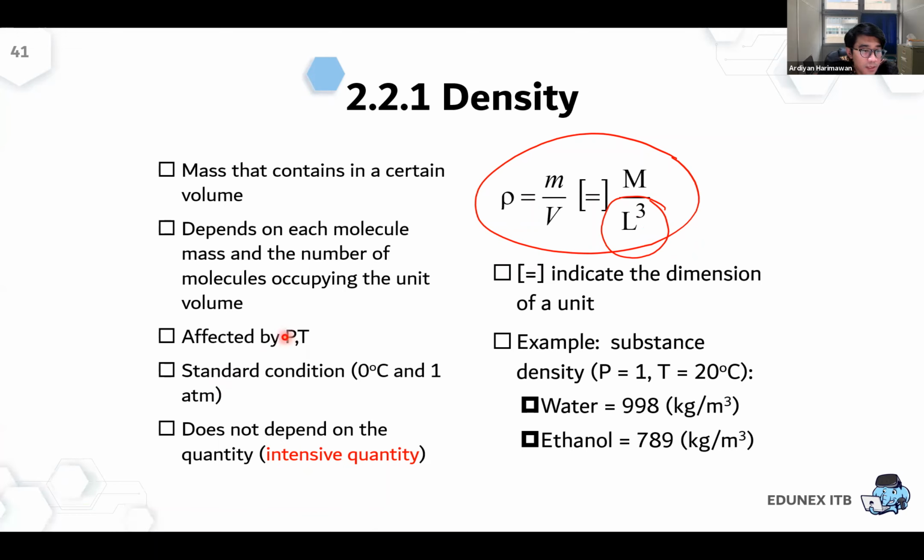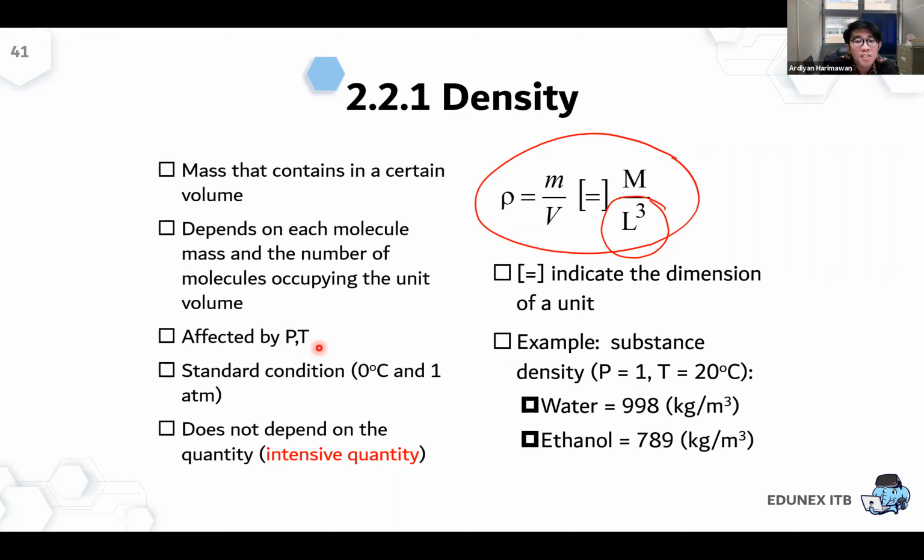I think you already studied that the mass contained in a certain volume depends on each molecule's mass and the number of molecules occupying the unit of volume. It means the density of certain fluids depends on the condition. By condition, it means pressure and temperature.